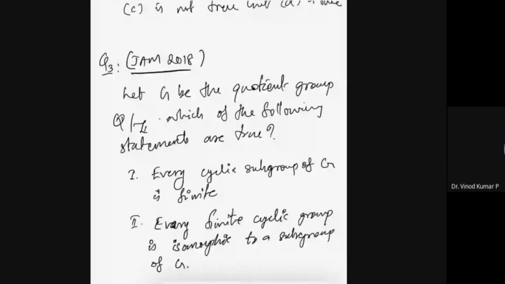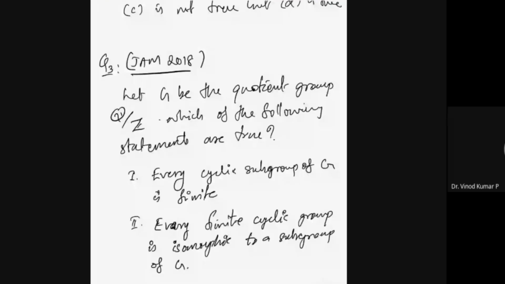So, the quotient group Q by rational numbers mod integers. In that group Q by Z, the question is whether every cyclic subgroup of G is finite.